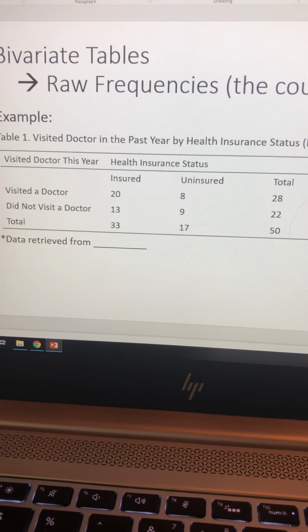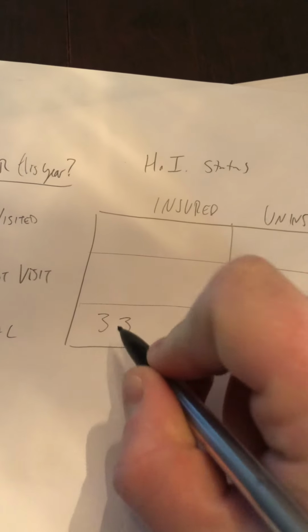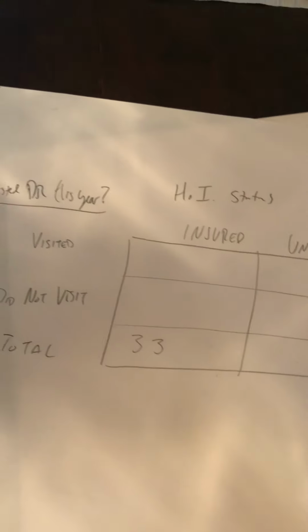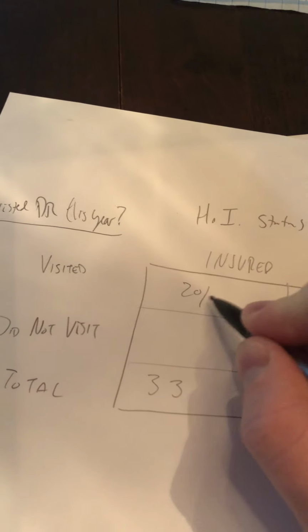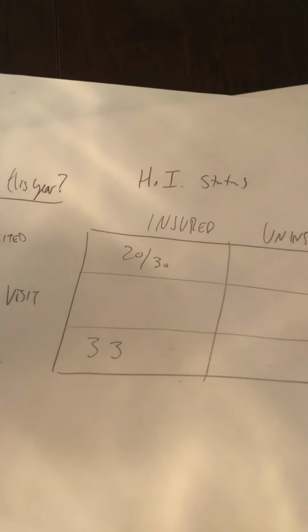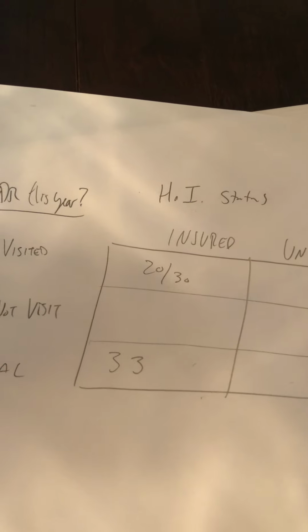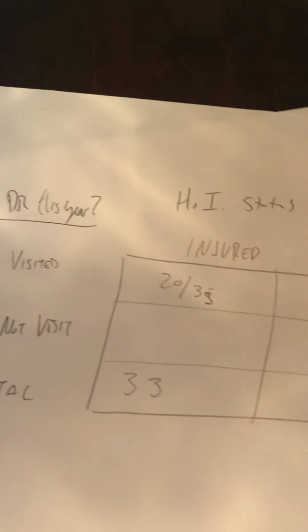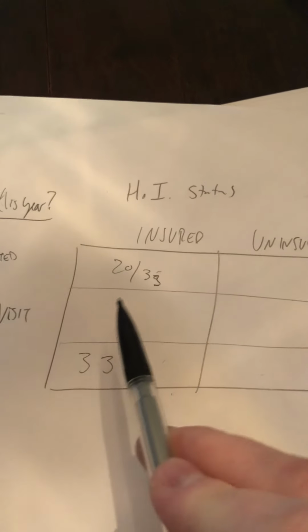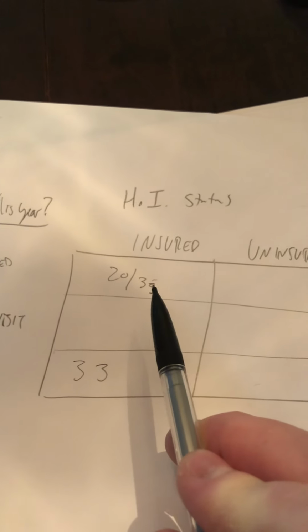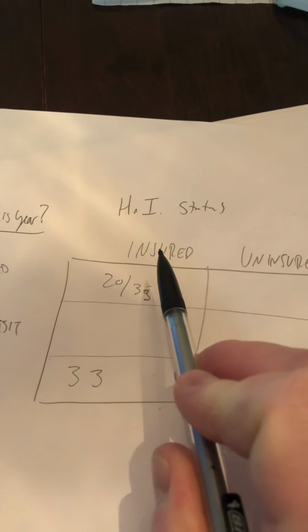So I have 33 people who are insured. And of those people who are insured, 20 of them visited a doctor out of 33. Sorry, that's a bad typo. So 20 of the 33 insured people visited a doctor.